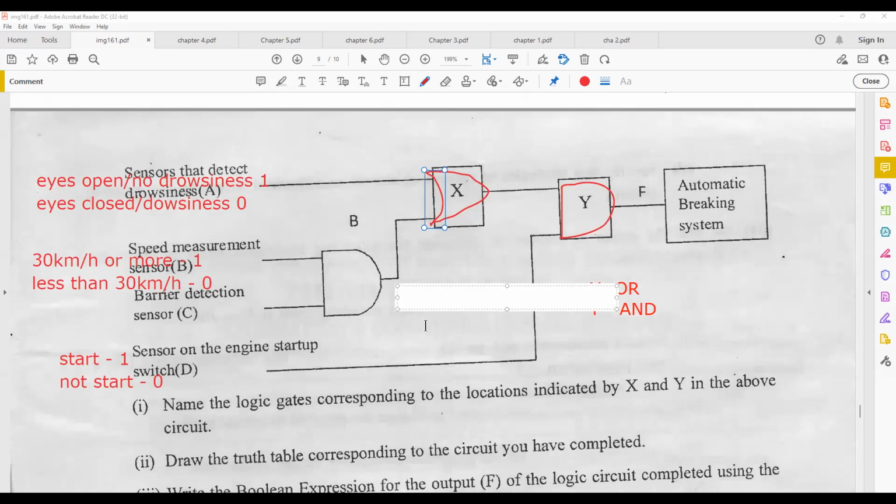If you have inputs B and C, what is the outcome of this gate? Yes. AND means Boolean multiplication. That means if you come in from here from B, and here you are getting C, right? The outcome of this is B dot C.